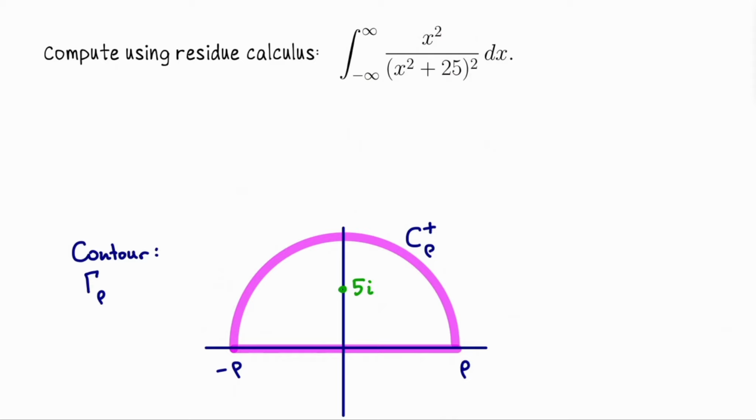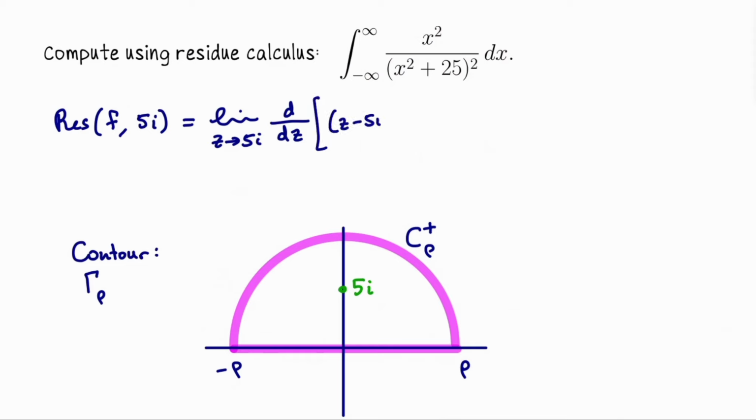All right, since the singularity at 5i is a second order singularity, the residue of this function at 5i is the limit as z approaches 5i of the first derivative of the product of z minus 5i squared times f of z. So we have to do that.